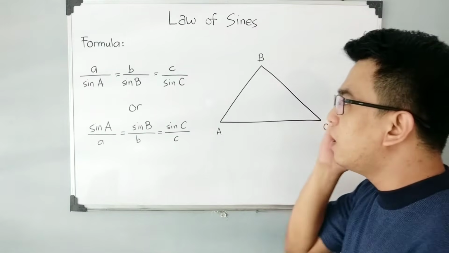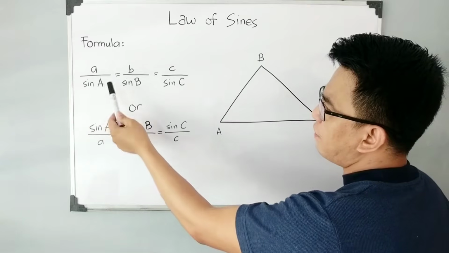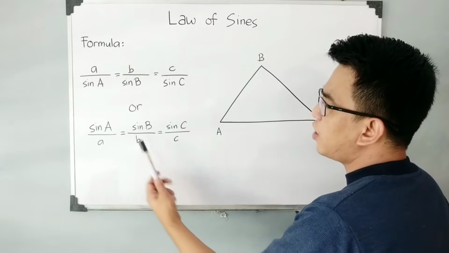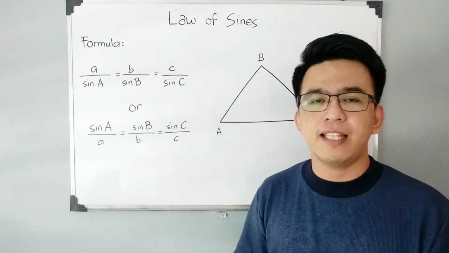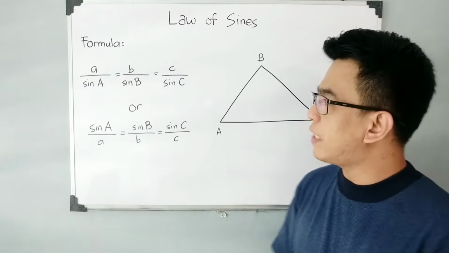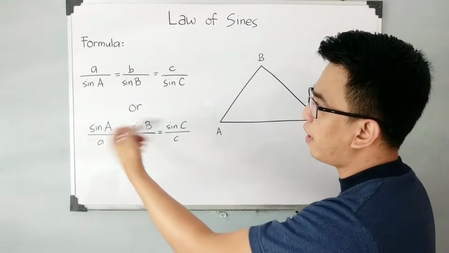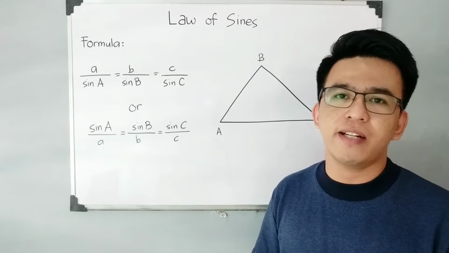Okay? So what we need to remember here is, if you notice, you have the small letters a, b, c, and also here A, B, and C. And then you have the capital letters, which are A, B, and C also. The small letters represent the sides of the given triangle. The capital letters naman are the angles of our triangle.